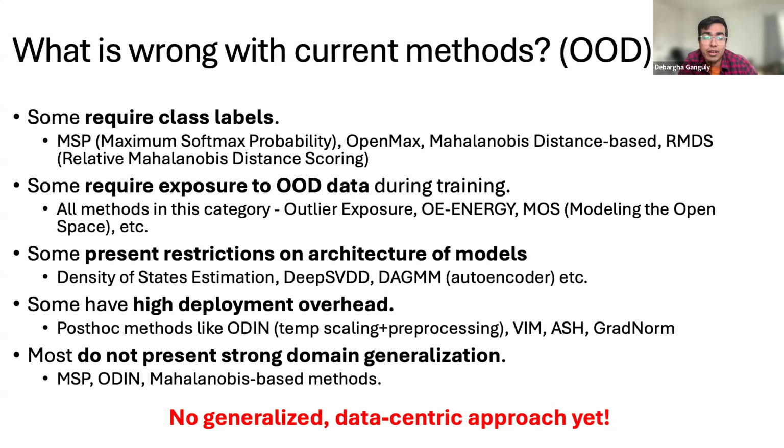You might have restrictions on the architecture of the models, whether predictive or generative. A good example of this is density of states estimation that we're going to talk about right after this.